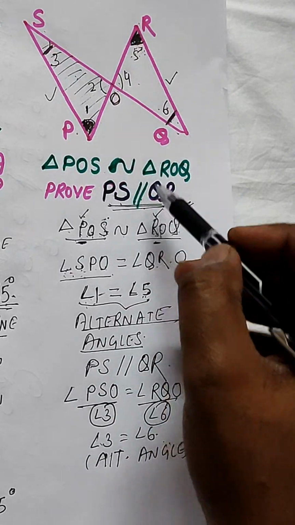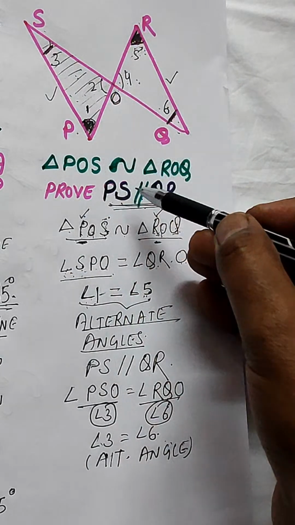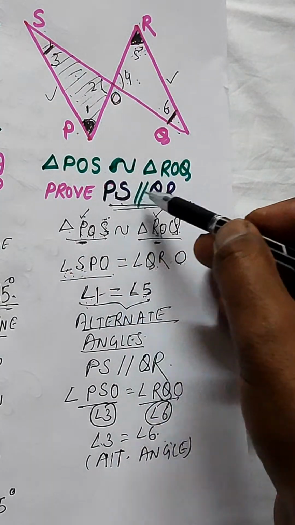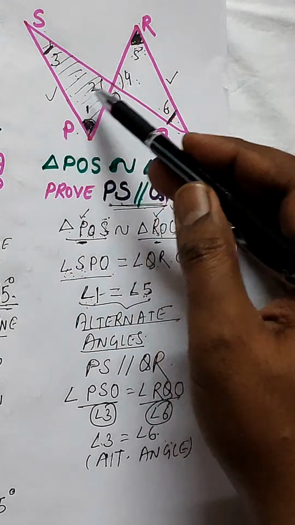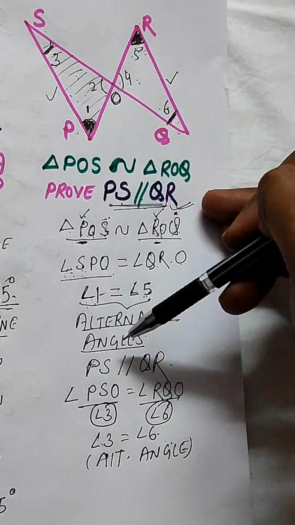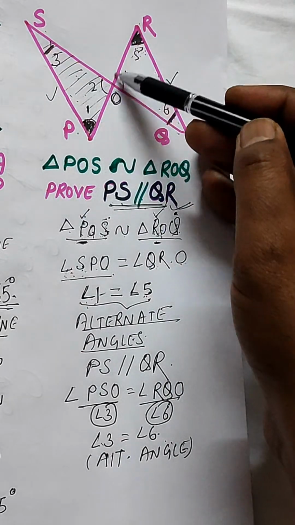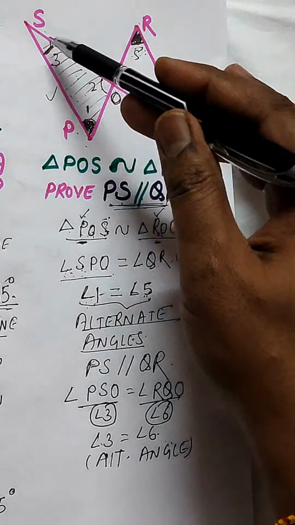Now you need to prove these triangles are similar, right? For this, if two lines are parallel to each other, in the same way as we proved over here, can't we say that PR is the transversal and QS is the transversal?